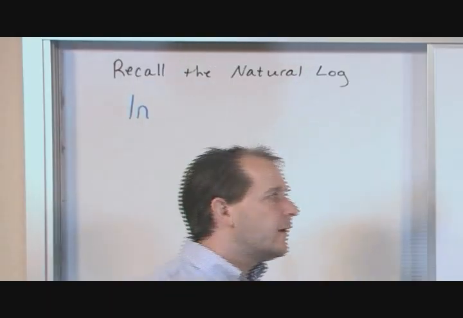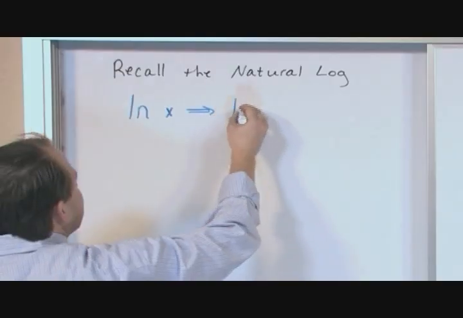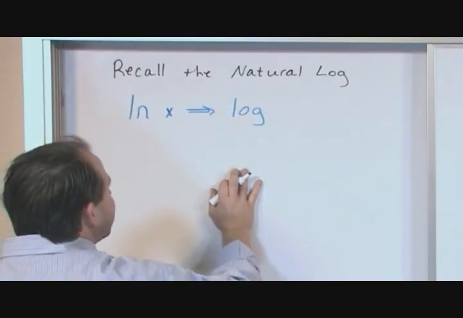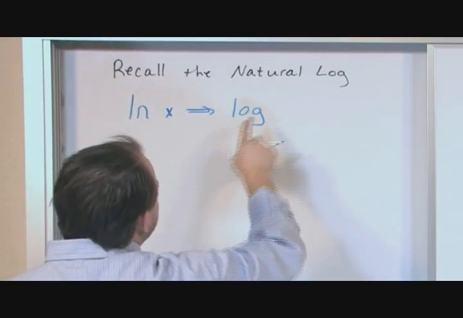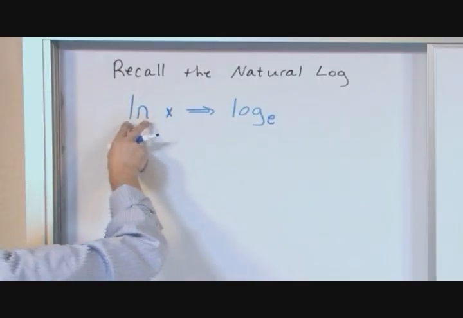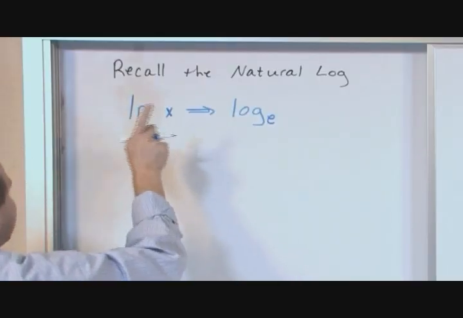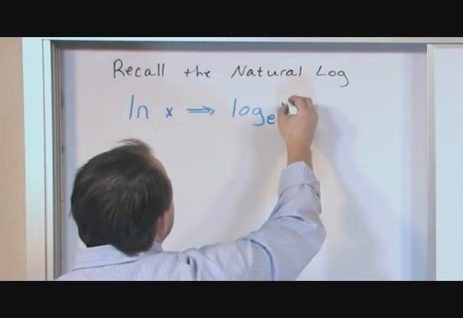That means, basically, if you see ln of x, it's the regular logarithm like you've learned about before, but instead of a base 10, which is typically what log is referencing, it's base e. So when you see natural log of x, it's just a regular logarithm with a base e of x.